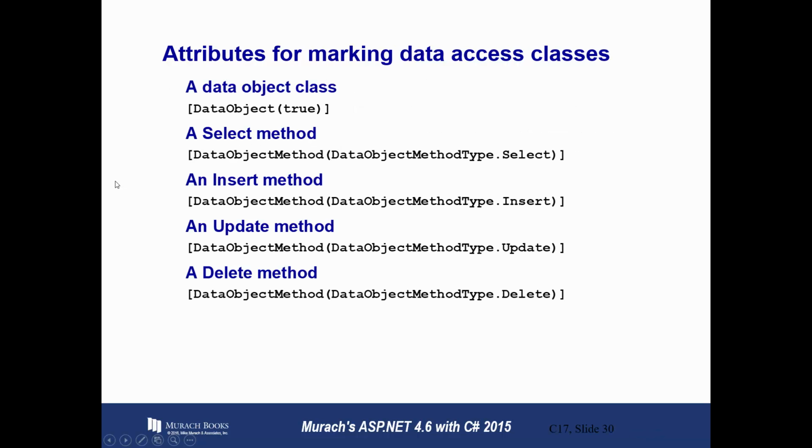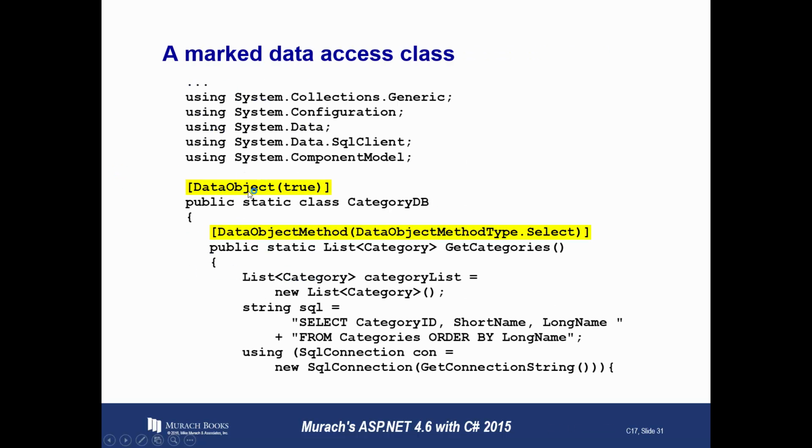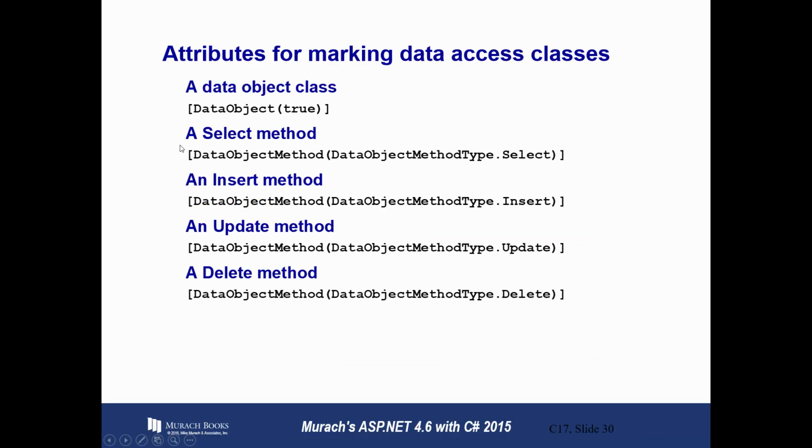So, what are the attributes for marking data classes? Well, the figure that's shown on page 619 shows how you can use C# attributes to identify a data access class and its methods. These provide a way to provide declarative information for classes, for methods, for properties, etc. And we've seen these here and here. Now there's data object and there's data object method.